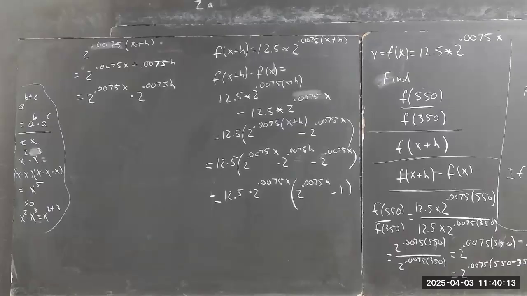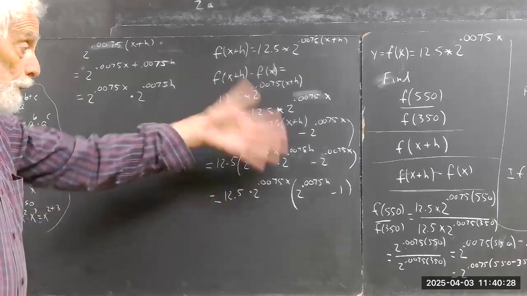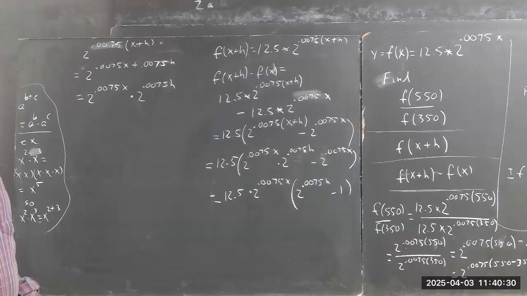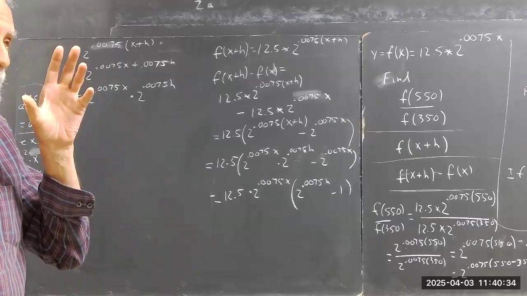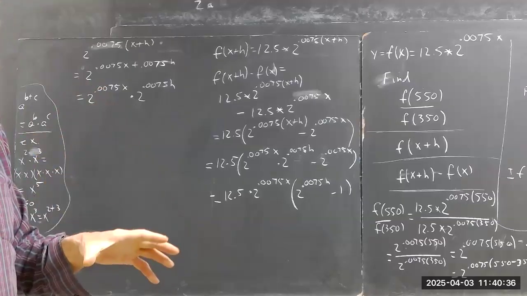Now I want you to ponder that algebra. The algebra in this course doesn't get a whole lot harder than it is when you're adding rational expressions or when you're dealing with exponents at this level. If your algebra is up to those things, it's probably going to be pretty much okay when you get to calculus.